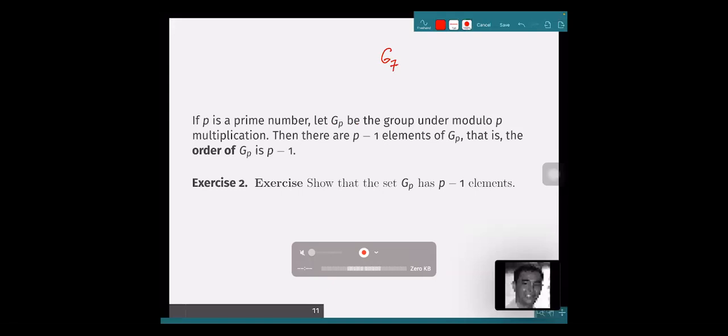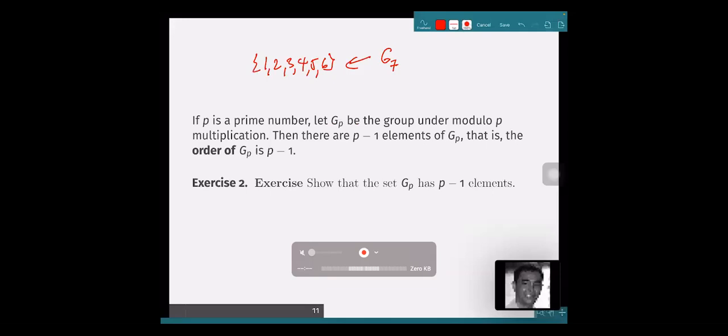For example, if we have 7, G7, what are the elements of G7? The elements of G7 are 1, 2, 3, 4, 5, 6, because all of these numbers don't have anything in common with 7.